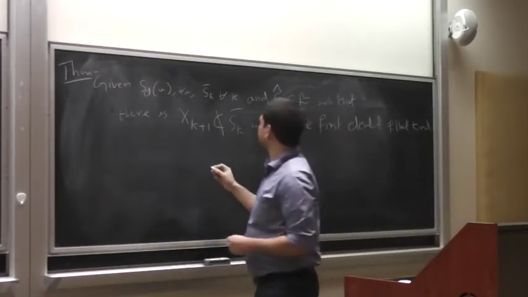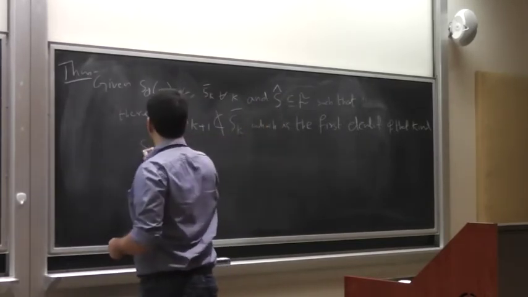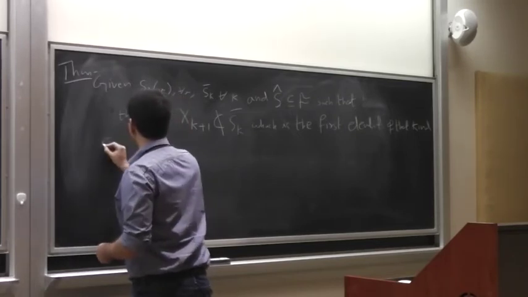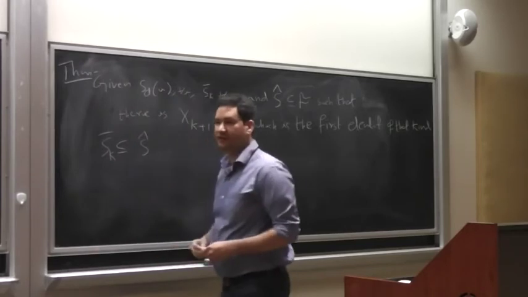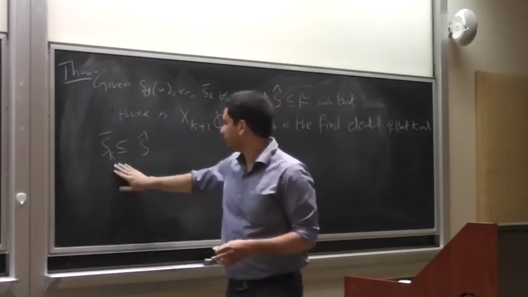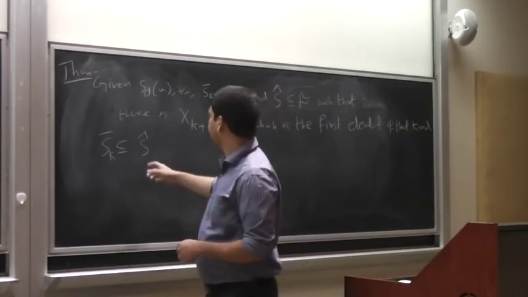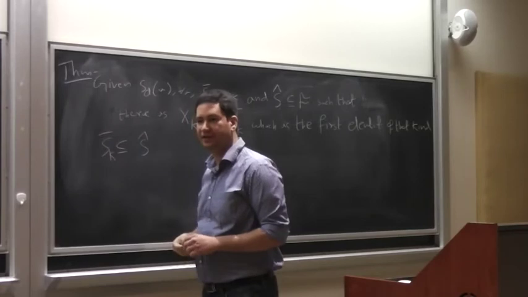So basically, the S hat is a superset of sk hat. Okay? So it has k amount of elements in it, and the k plus 1th element is the first element that is in here that is not in here, basically.